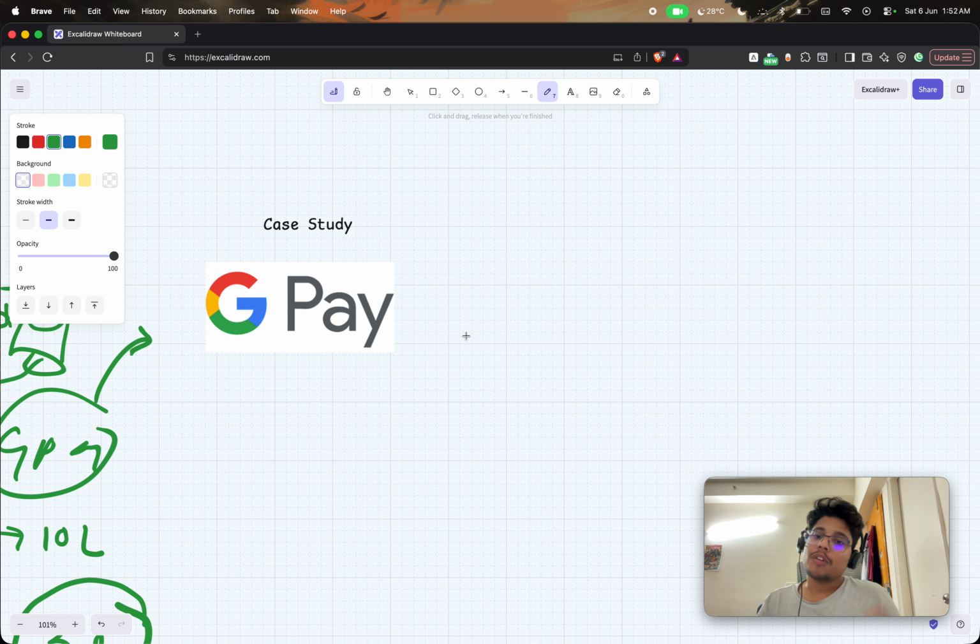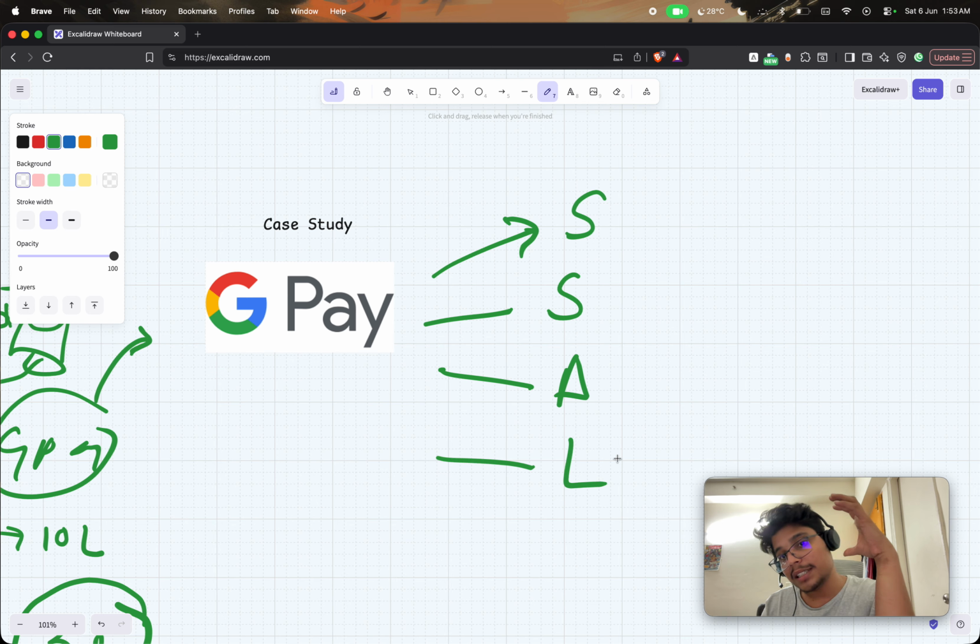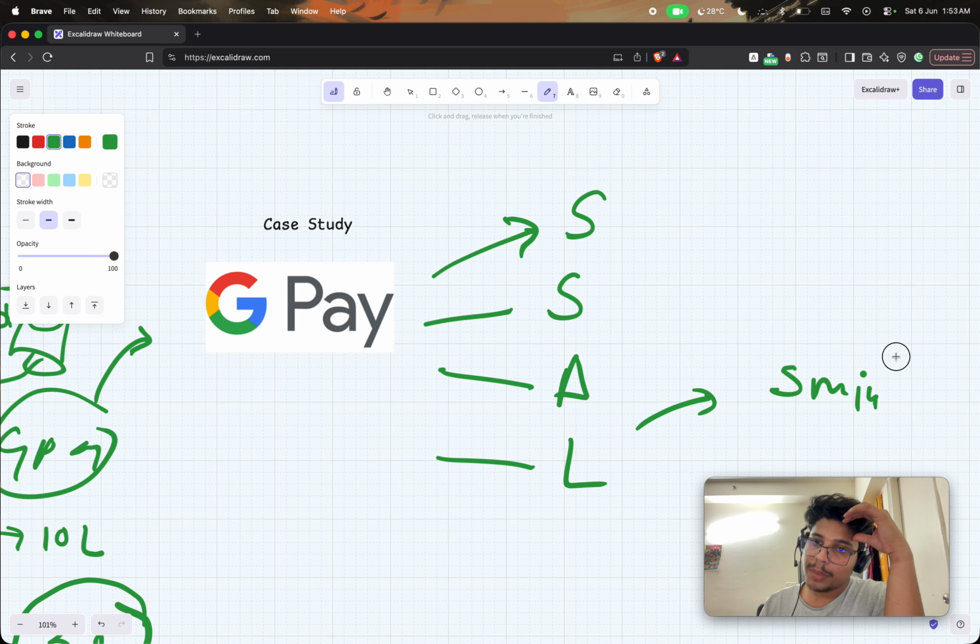Case study, Google Pay. I gave you the example of Google Pay, and how it uses these pillars. Scalability: you have to scale it to millions of users in India, and it's available every single time. And the best part is latency. You make a payment, and you do not want to wait 5 minutes for it to show the payment is completed.